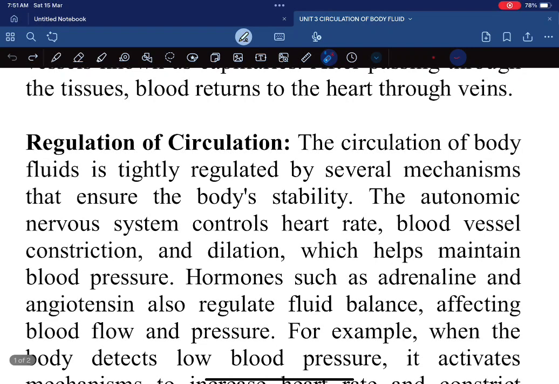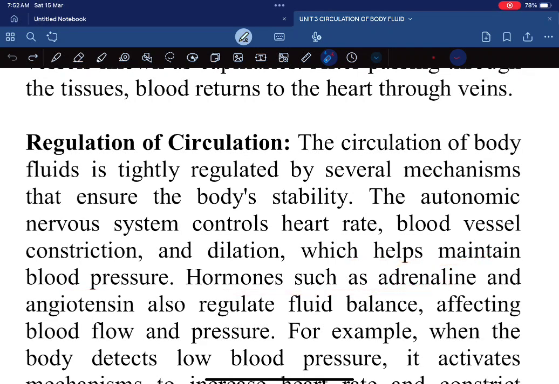Regulation of circulation. The circulation of body fluid is tightly regulated by several mechanisms that ensure the body's stability. The autonomic nervous system controls heart rate, blood vessel constriction, and dilation, which help maintain blood pressure.